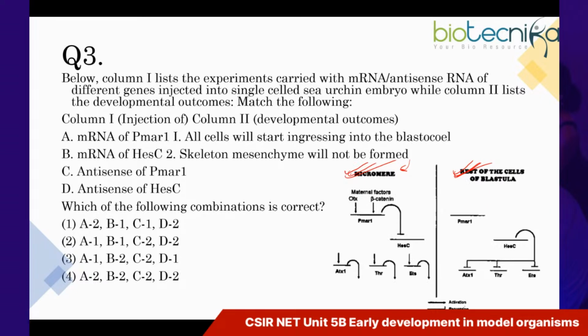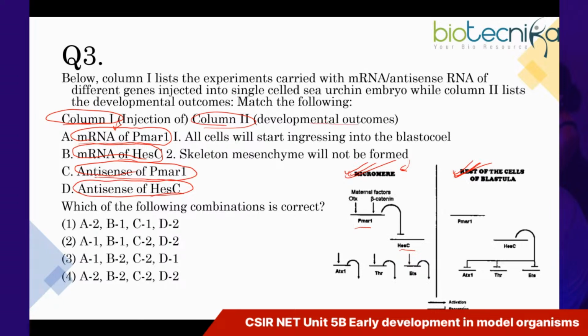So just have a look at this diagram. We have also studied about PMAR, HESC, right? Here they have column 1 and column 2. Column 1 is what they are injecting. So in that you have mRNA of PMAR1, mRNA of HESC, antisense of PMAR1, and antisense of HESC.